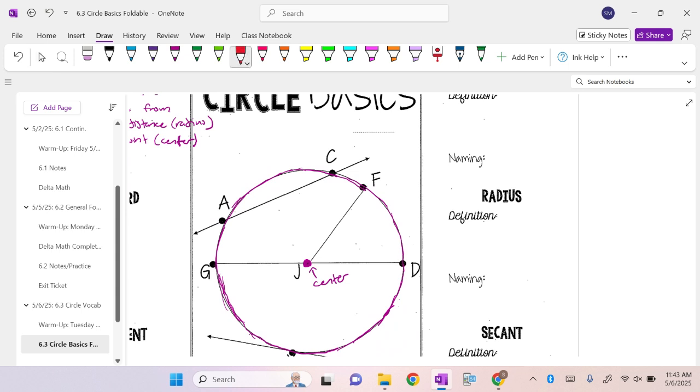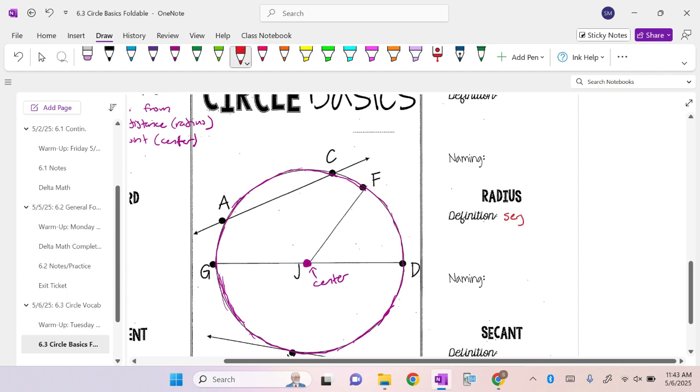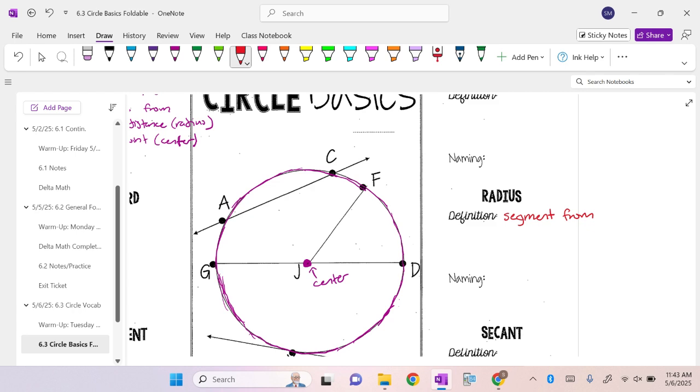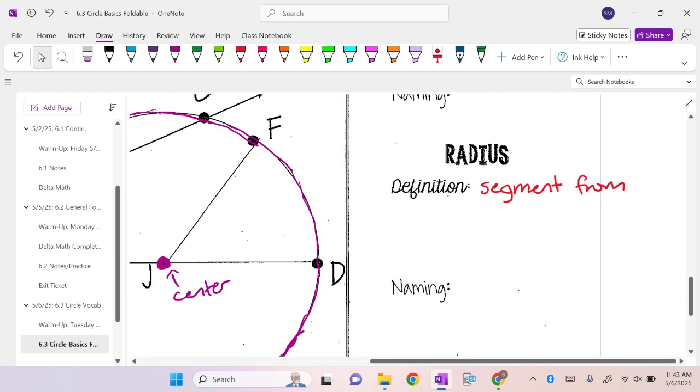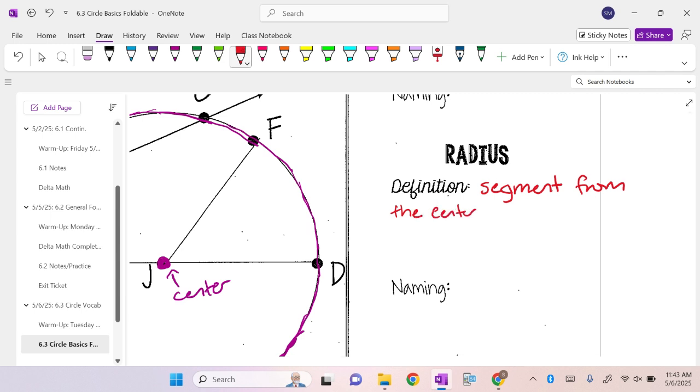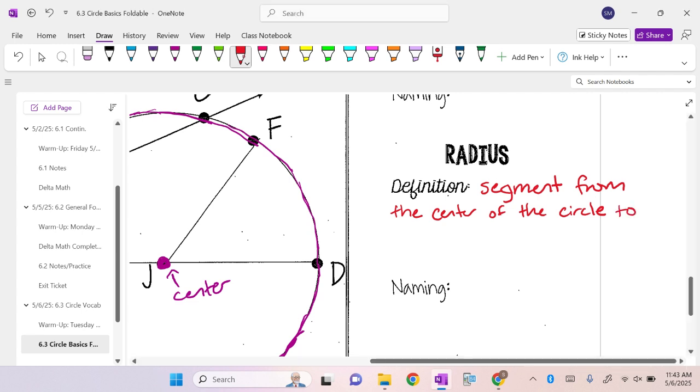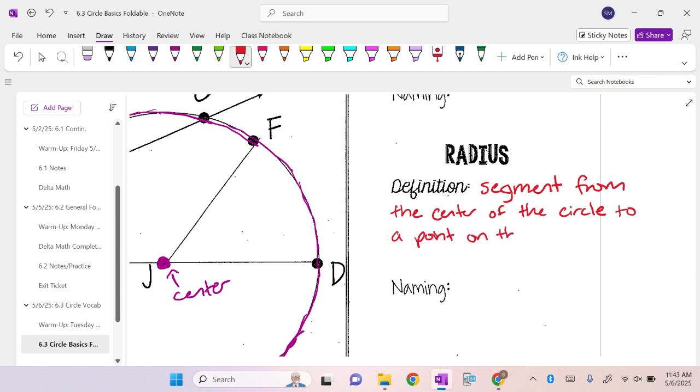If we're talking about radius, we're talking about a segment from the center of the circle to a point on the circle.